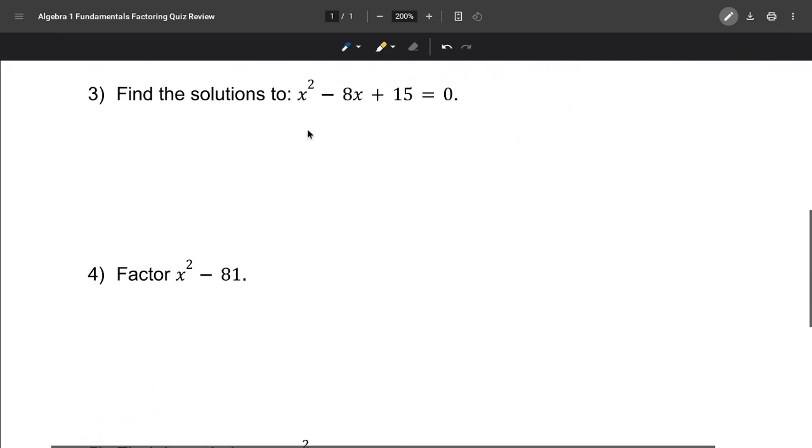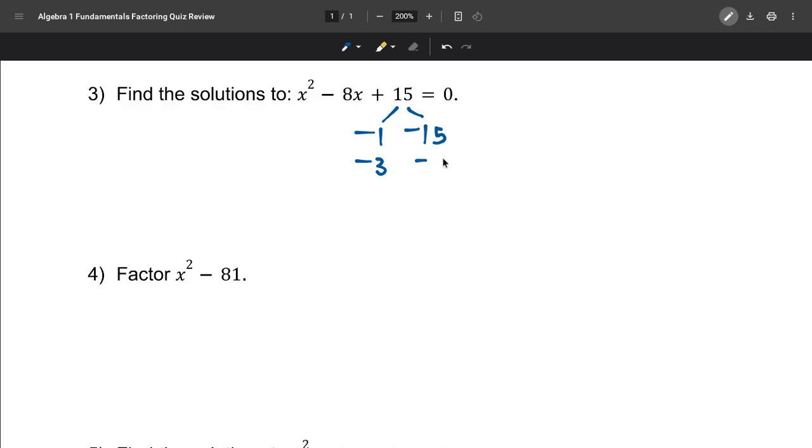All right, problem 3. Find the solutions to x squared minus 8x plus 15. All right, so this one, we have a negative here and a positive here. So we're going to list negative factors of 15. So we could do negative 1 times negative 15, or negative 3 times negative 5.